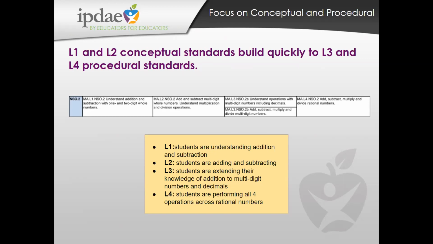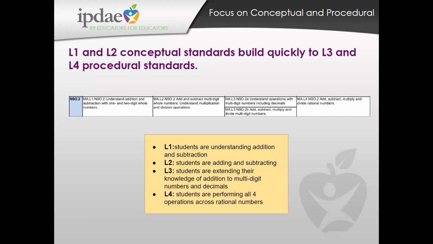So in the yellow box, you'll see L1 is really about students understanding addition and subtraction. That's really conceptual. By level 2, students are adding and subtracting, but now their focus is on understanding the concepts of multiplication and division. But by level 3, students are extending their knowledge of addition to multi-digit numbers and decimals.